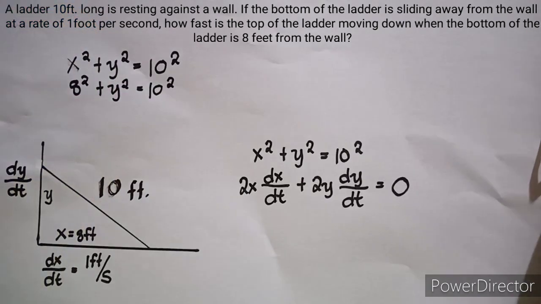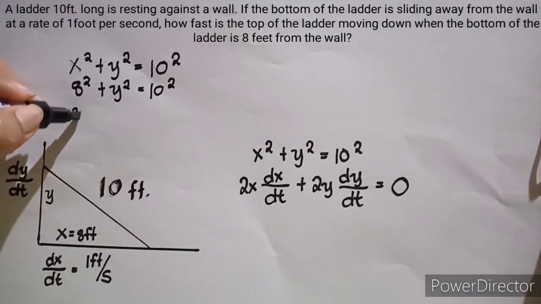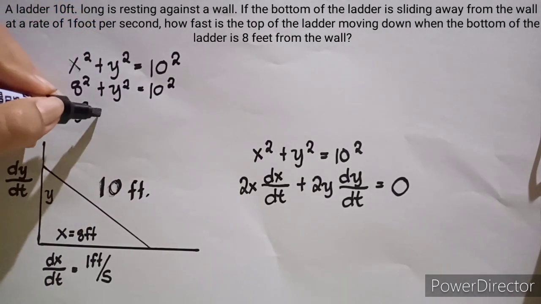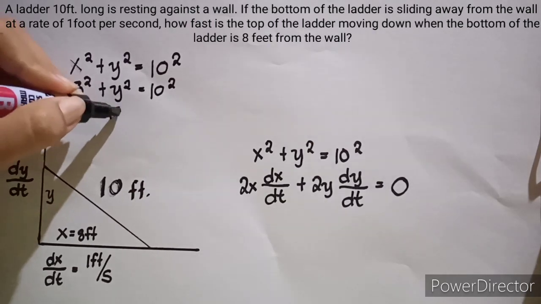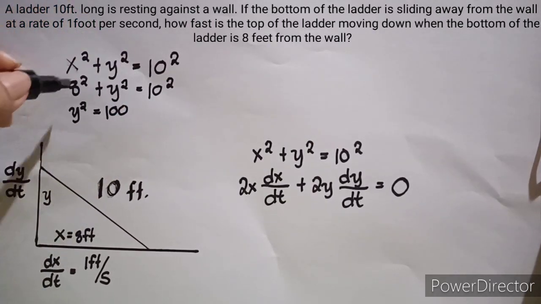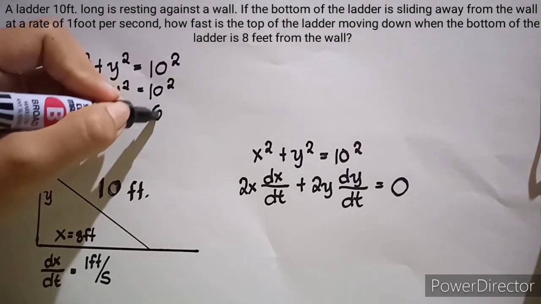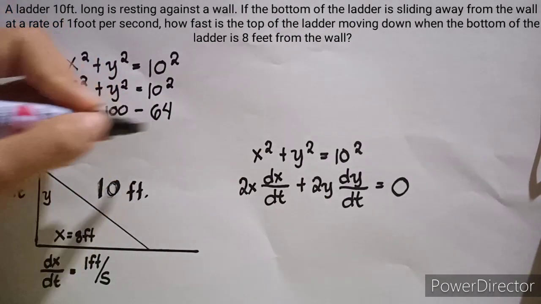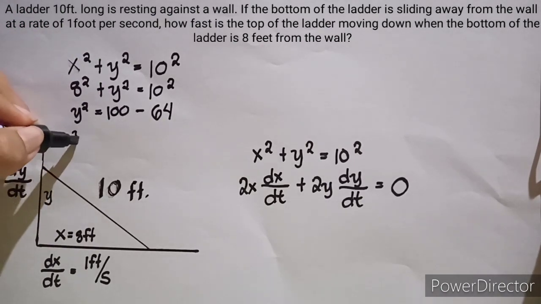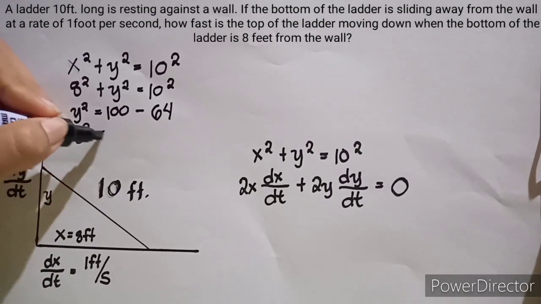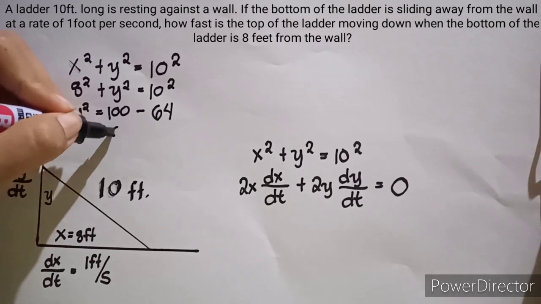And let's do the algebraic manipulation. y squared is equal to 100, 10 squared is equal to 100, minus 64, 8 squared is equal to 64. y squared is equal to 36.